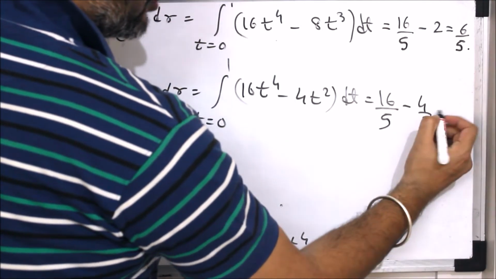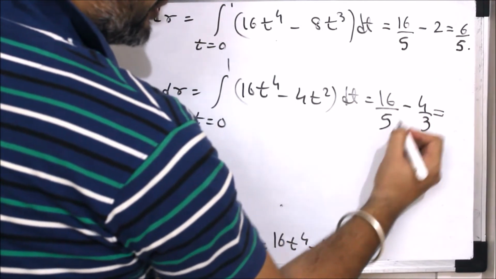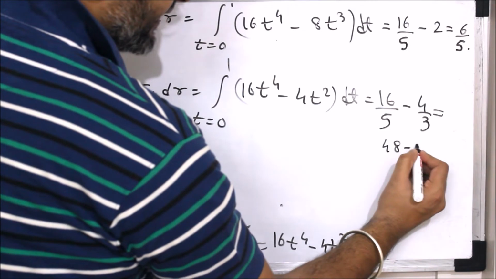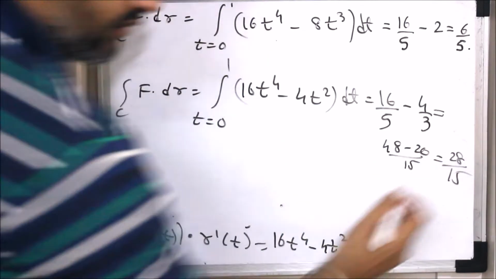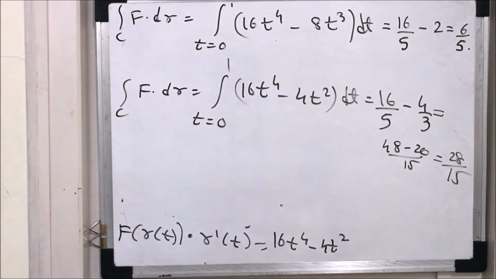And when you solve this, what number do you get? This is 48 minus 20 by 15, 28 by 15. Provided my calculations are correct, my suggestion will be you please go through the calculations once again. So when I do this integral along the curve, I get 28 upon 15.